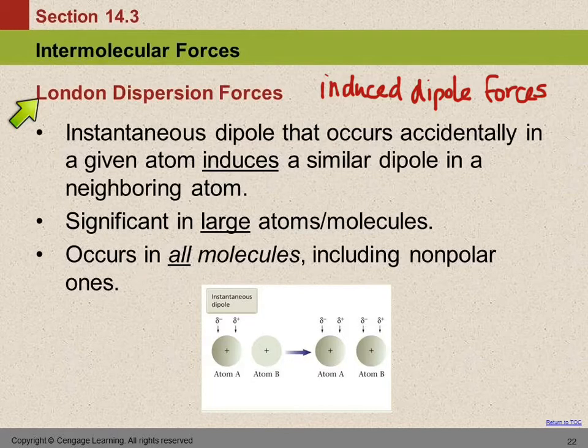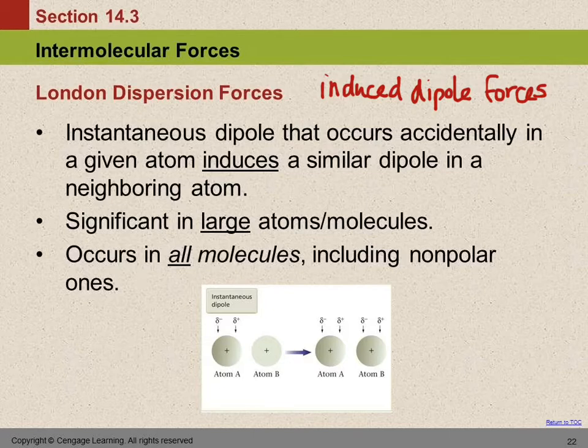London dispersion forces happen between instantaneous dipoles. So you can have an instantaneous dipole that occurs, we can think of it as being accidental, an accidental imbalance of electrons. And when that happens, it can induce or cause to form a dipole in the neighboring molecule.